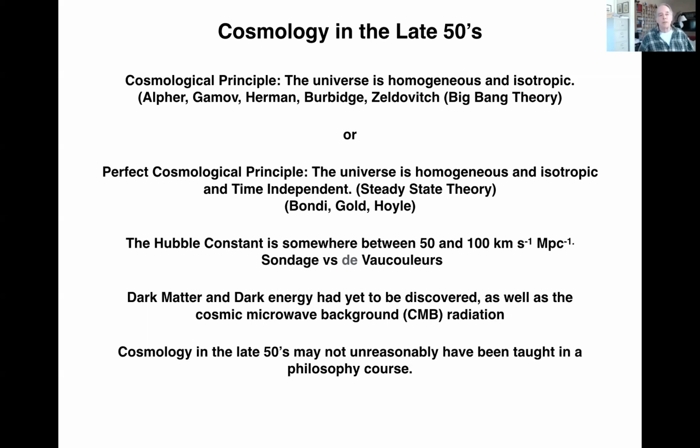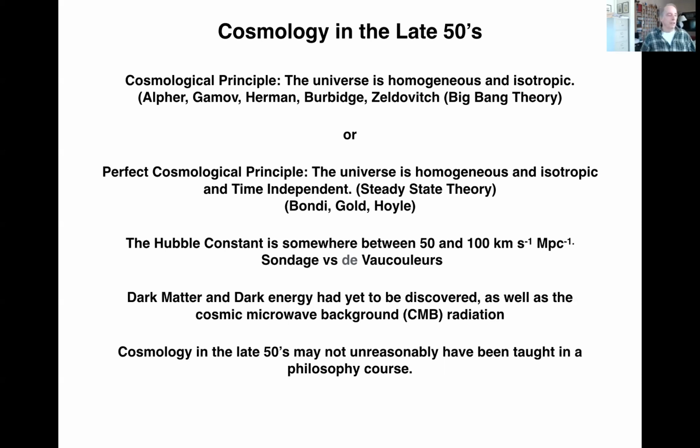You didn't have to create very much of it, maybe a few particles of hydrogen in a cubic meter every billion years or so. But that's what it took. So-called steady state theory. So we had the Big Bang theory and the steady state theory.